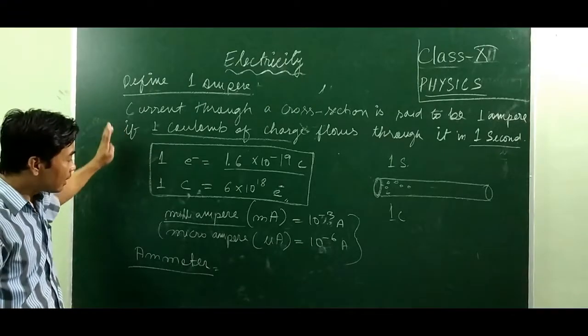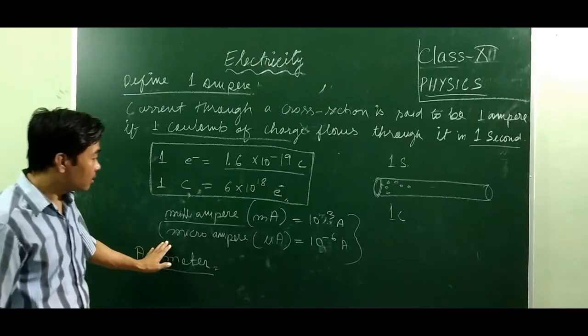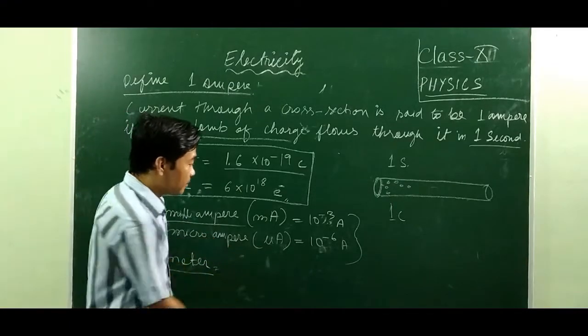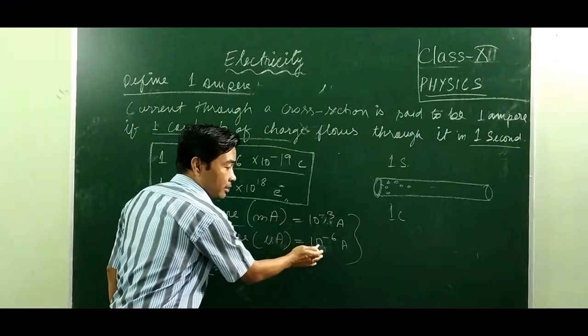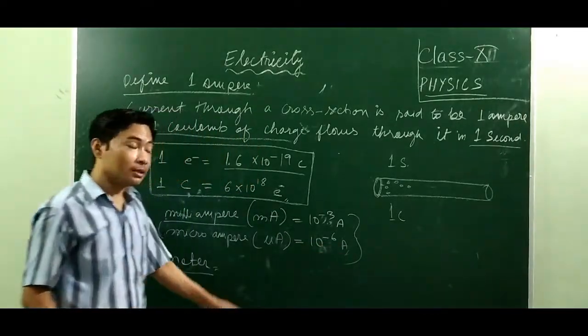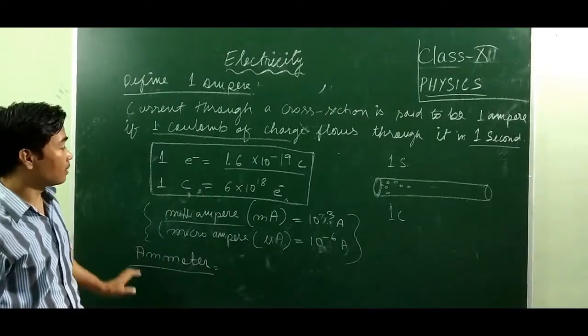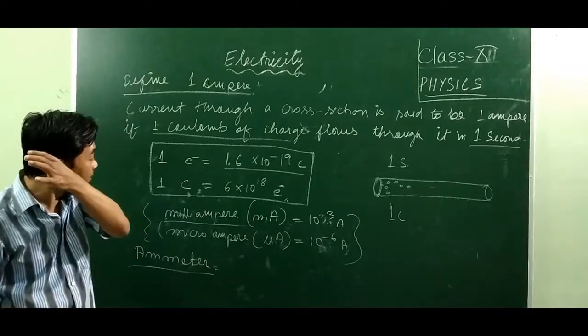So we have ampere, milliampere, and microampere. Micro is the smallest one, which is denoted by mu capital A, and the value is 10 to the power minus 6 ampere. Basically, we don't use the milliampere and the microampere. We use only the ampere.